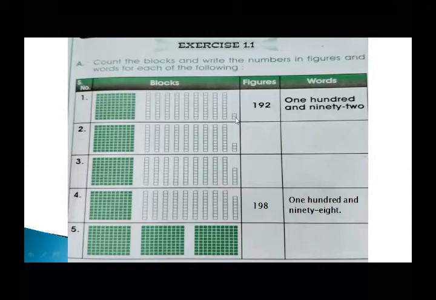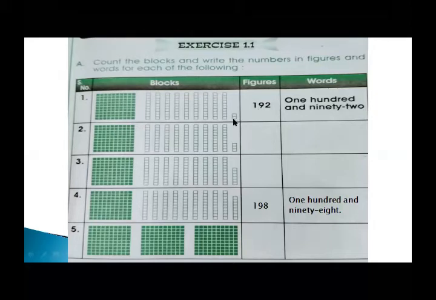And here you see two blocks that we understand as units. So how many blocks of units are given here? 2 blocks. So you write 2 here. 100 blocks: here only one box is given that consists of 100 blocks, so you will write 1 here. 9 columns of 10s are present here, each consisting of 10 blocks, so you will write 9 here.